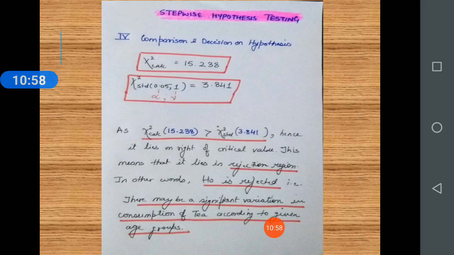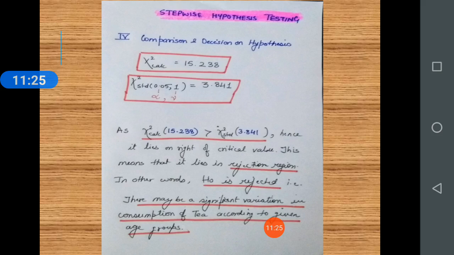For this, the standard value is 3.841. Now, we need to understand that the chi-square test is a right-tailed test. That means the rejection region lies on the right-hand side, which means if the chi-square calculated value is more than the chi-square standard value, the hypothesis has to be rejected.